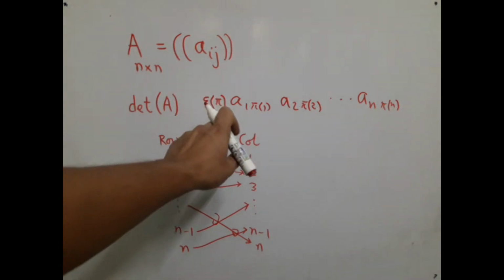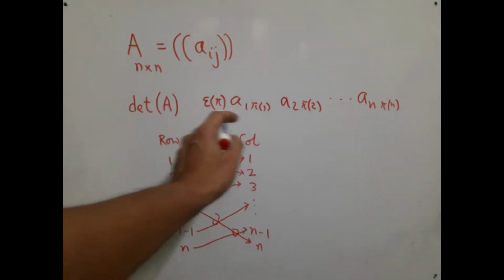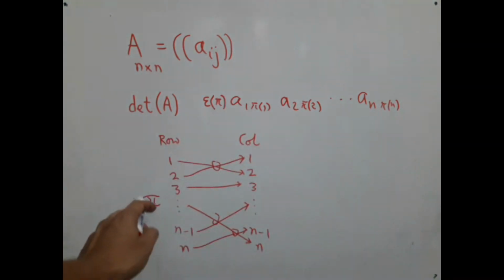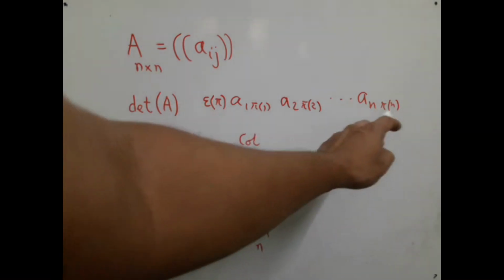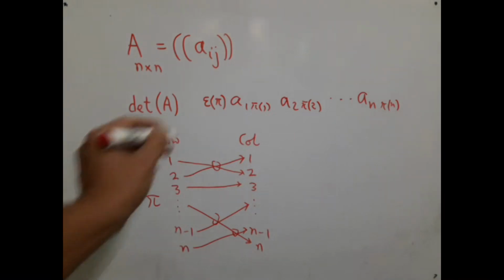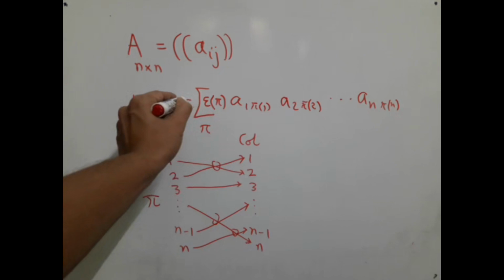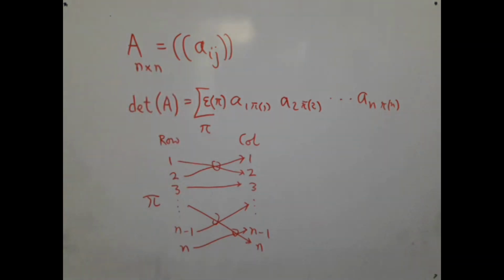It is plus 1 if the number of crossings is even and minus 1 if it is odd. So I will get how many such things? For each possible pi, I will get one such term, and there are exactly n factorial many such things. I will add it over all possible pi and define that to be the determinant.